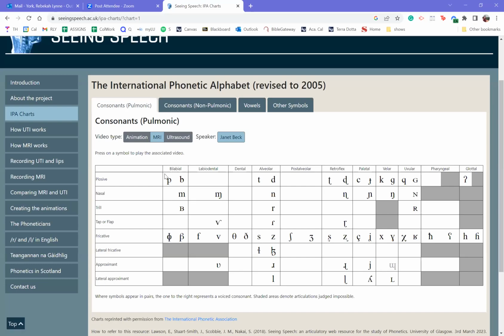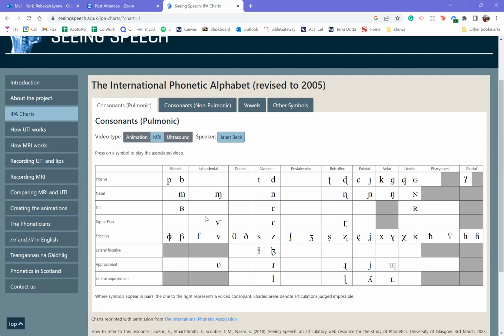So this would be realized as F. So if we go back to the chart, you will notice that the P and the F are both using the lips.